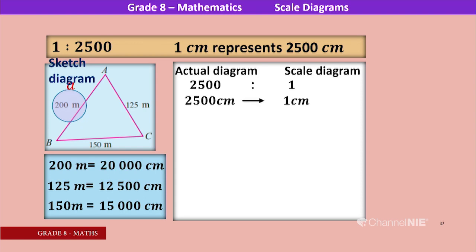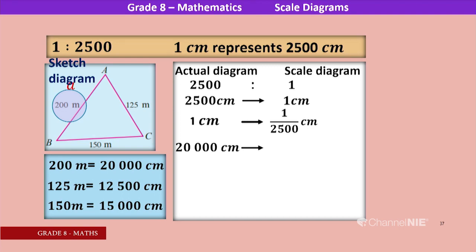Yes, 2500 is to 1, 2500 centimeter, 1 centimeter. Now divide both sides by 2500. Then 1 centimeter means 1/2500. Now we want to find the scale length of 200 meters.